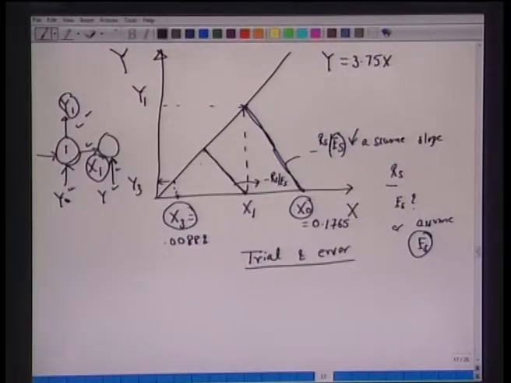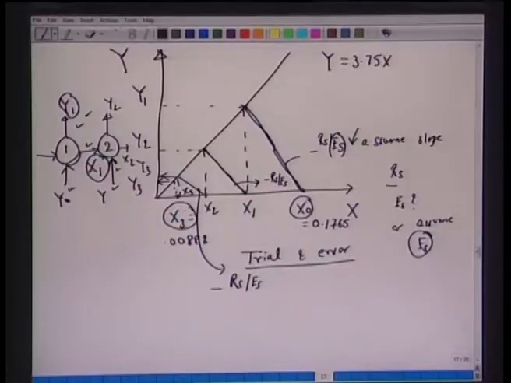So, now we reach here. The coordinates of this point would be y2, the stage 2 stream, and this would be x2, which is here. So, we get this point here. Now, we start the third stage and draw the same parallel line with the same slope, minus RS over ES, to obtain y3 and x3.